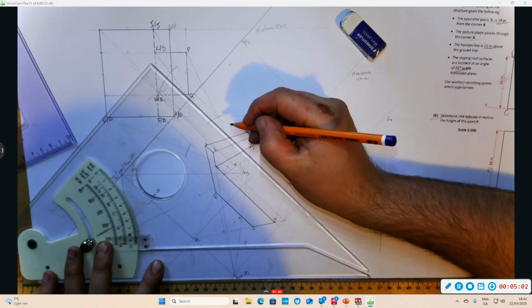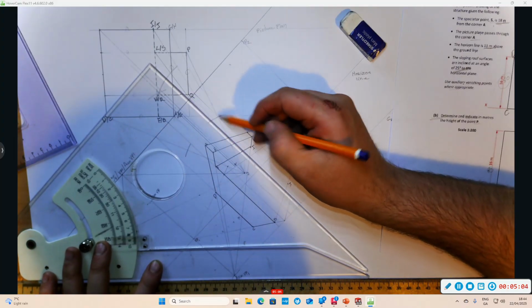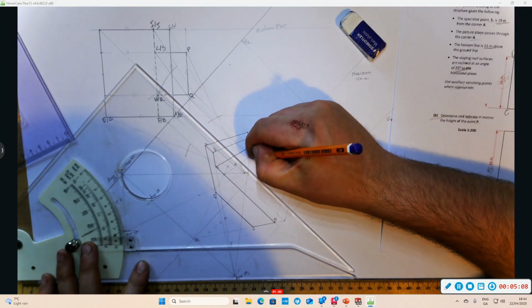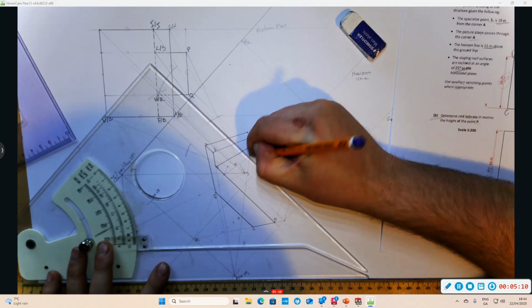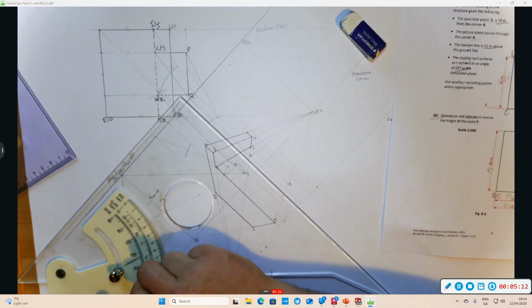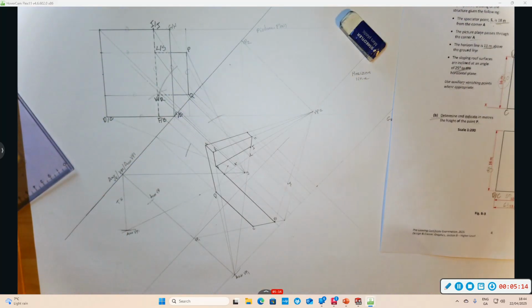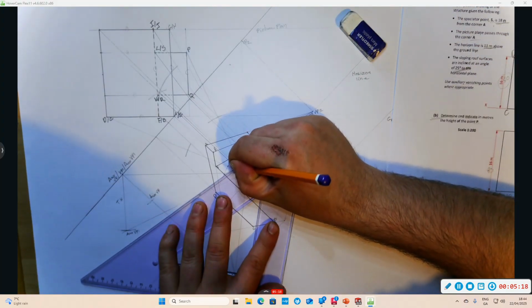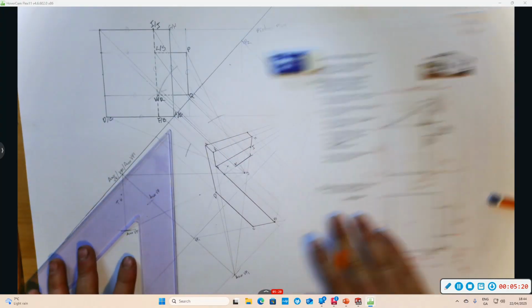For L, we can do the same. Where L touches the picture plane, we can bring L down to touch that there. So there's point L. So we can join them together. Now, these are sloping lines as well.